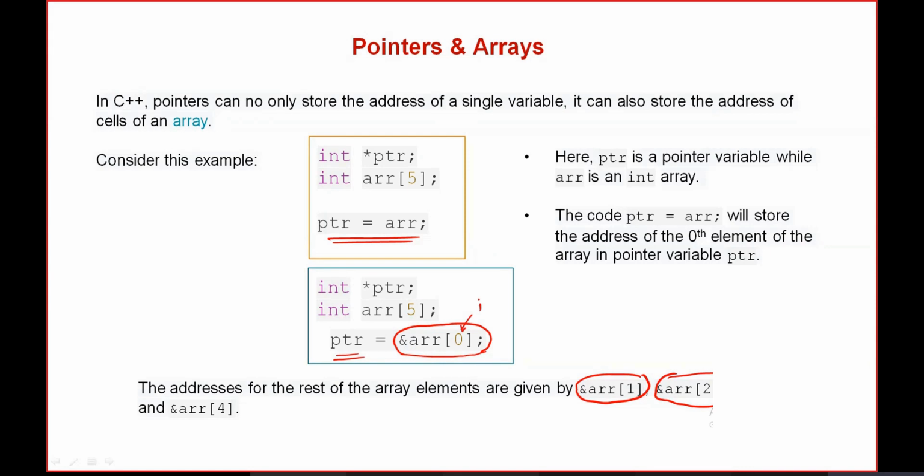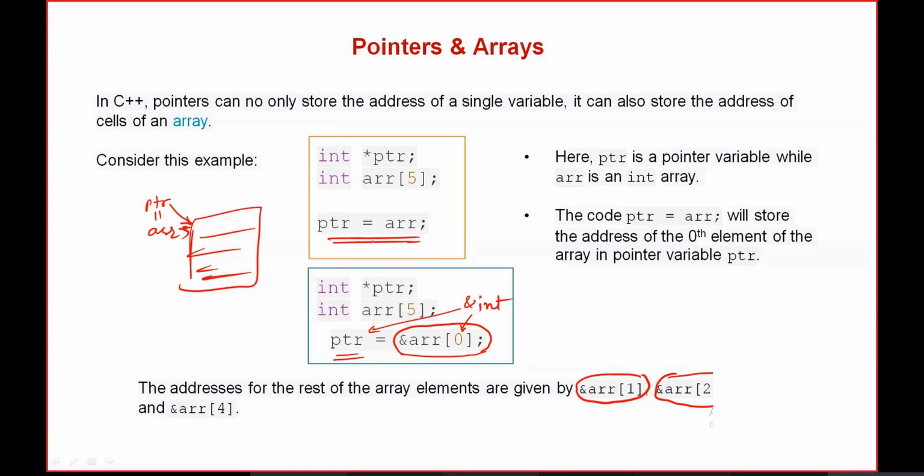Because what is present at this 0th index, an integer value is present whose address we want to assign to ptr. Whereas here arr is as good as a pointer. We saw arr itself is a pointer. And if we say ptr is equal to arr, then ptr is also pointing to the same memory location.